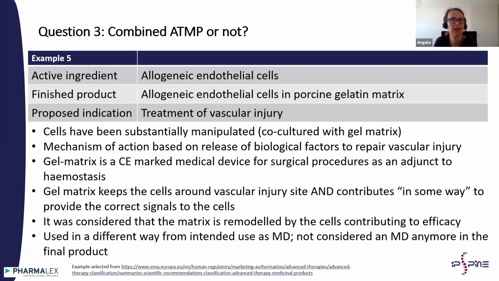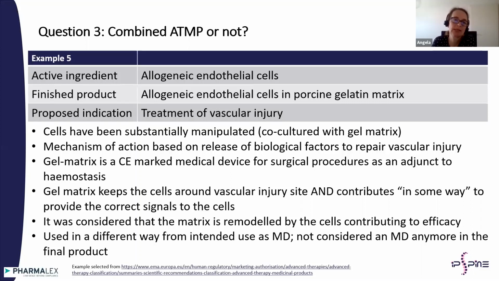Now, interestingly, the gel matrix is a medical device which is certified for surgical procedure as an adjunct to hemostasis. So at first glance, I would say this looks very much like a combined product, because you have this separately certified medical device.